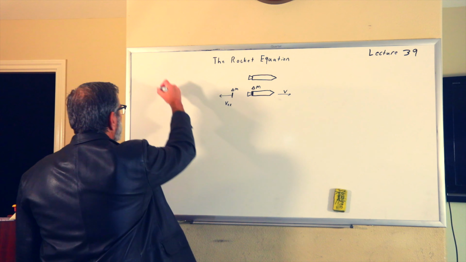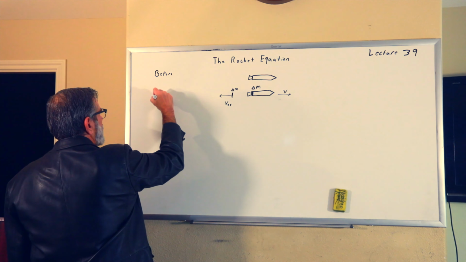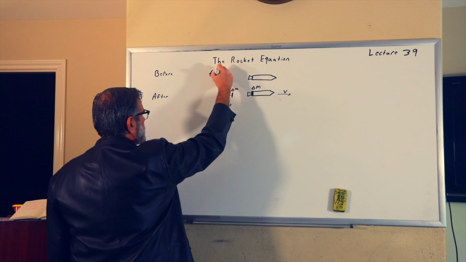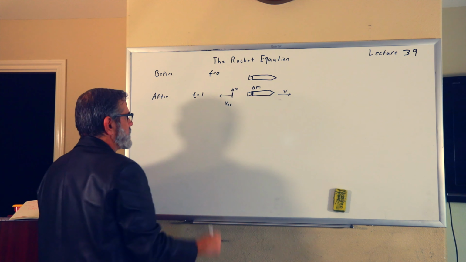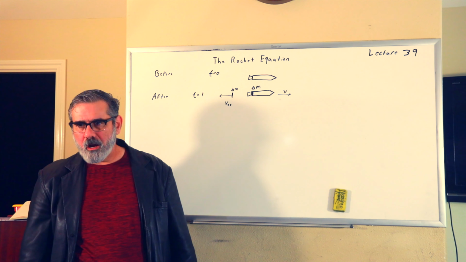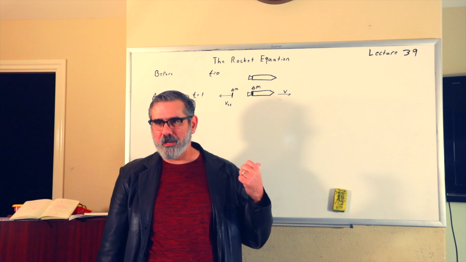So we're going to have this kind of before and after picture. I'm going to let this be t equals 0, and I'll let this be t equals 1 second. Initially, the rocket has not fired anything. It's just sitting. We'll say its velocity is 0. We'll make that relative to, say, the Earth, but I'm not going to put gravity in here. We'll assume that it's already very far away, but we're tracking it from Earth.